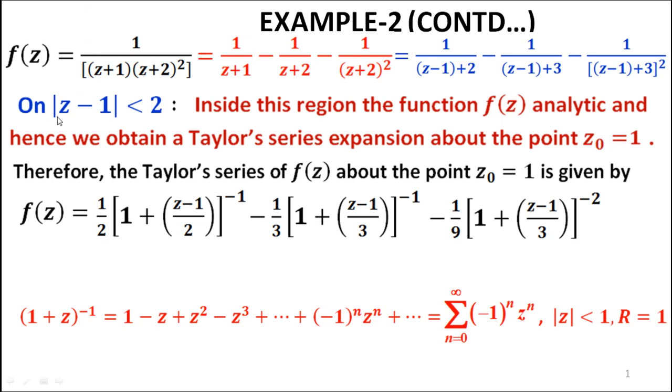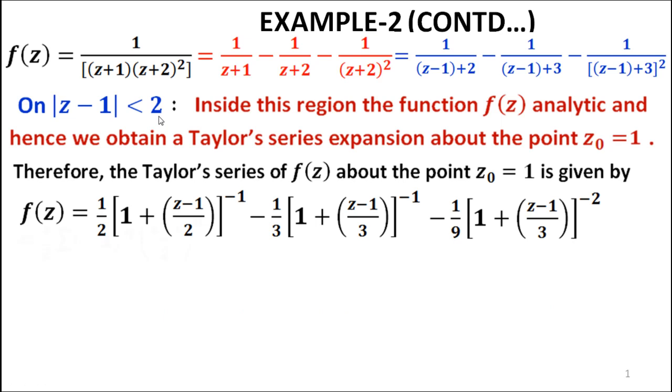Here we have mod of z minus 1 is less than 2. Therefore, we can expand the first term as 1 by 2 times of summation minus 1 whole to the power of n z minus 1 by 2 whole to the power of n.